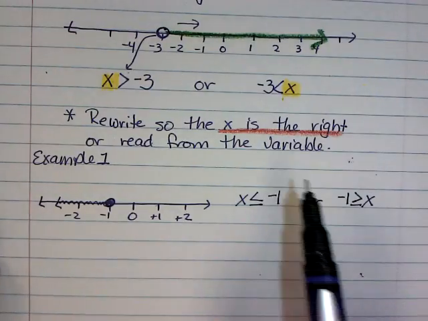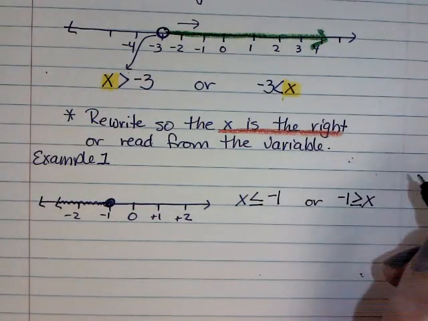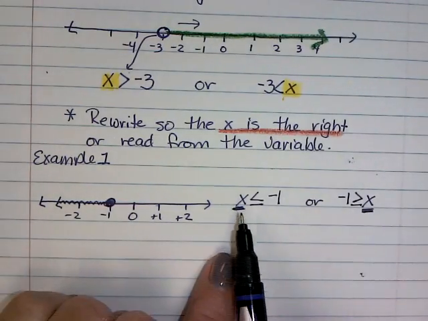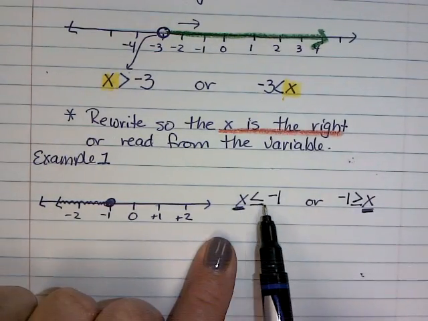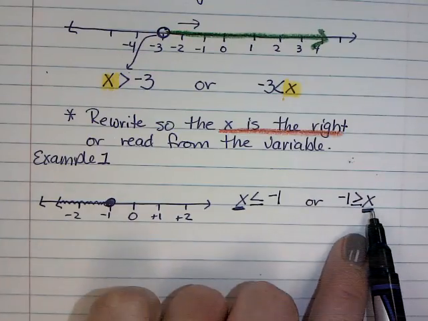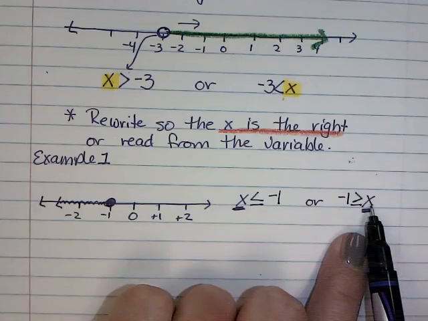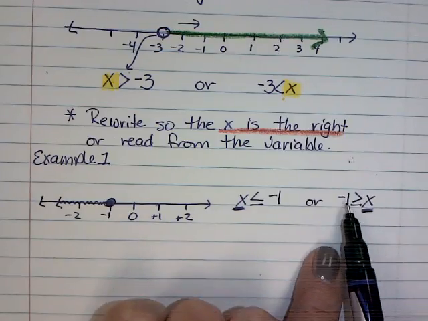So that way they're both the same. I have to read it from my x. So this says x is less than or equal to -1. On this side, it also says, because I have to read it from the x, x is less than or equal to -1.